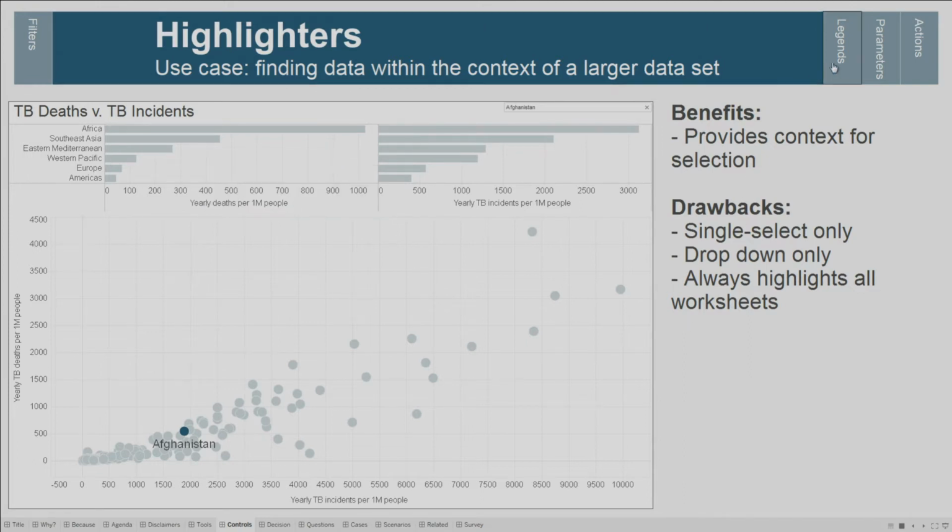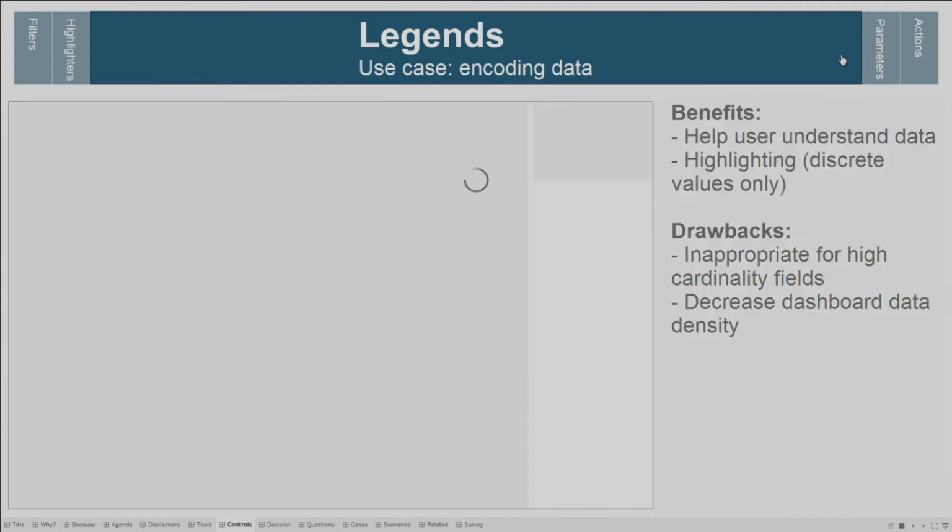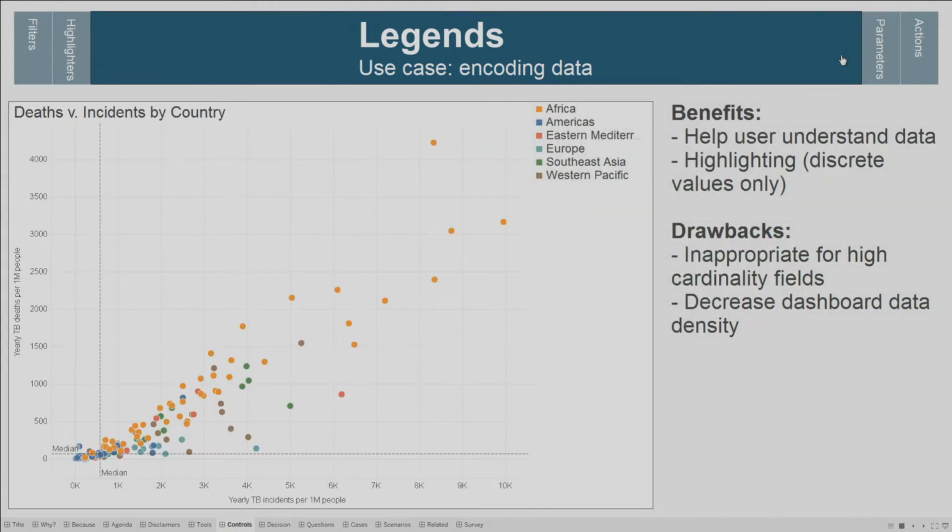All right, so the next control we're going to talk about is not actually a control in its own right, but legends are used to encode data primarily. In this case, I have a color encoding here that shows the different countries from that same scatter plot before by color. This is helpful in determining that there's a lot of orange at the upper right, which means the countries in Africa make up the bulk of the countries in this upper right quadrant.